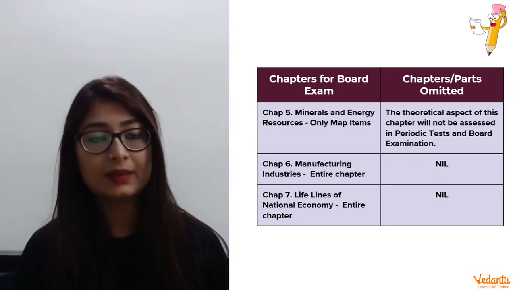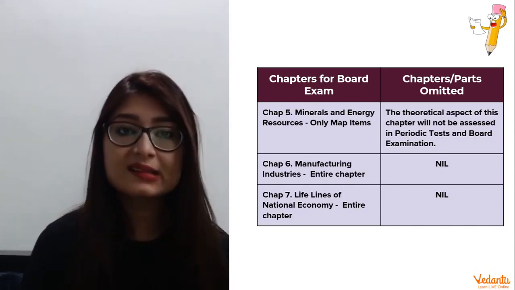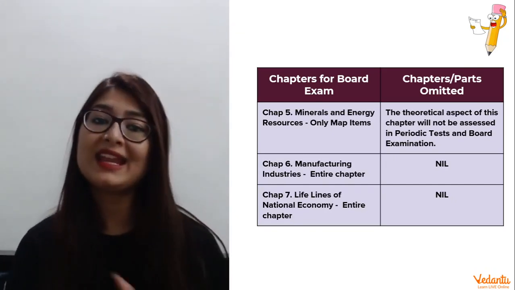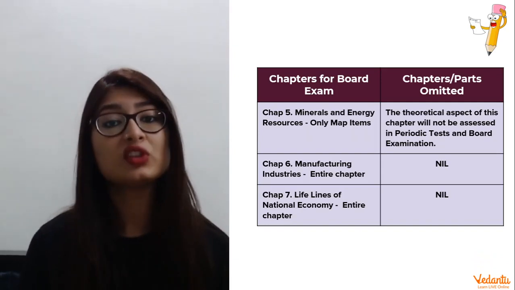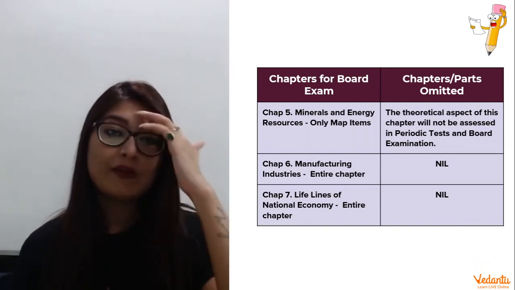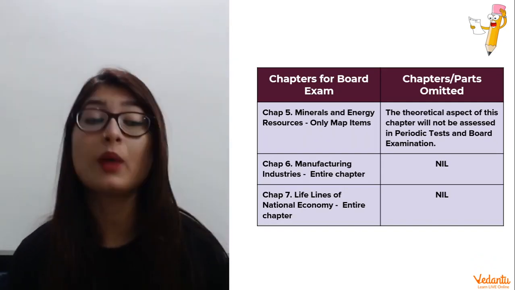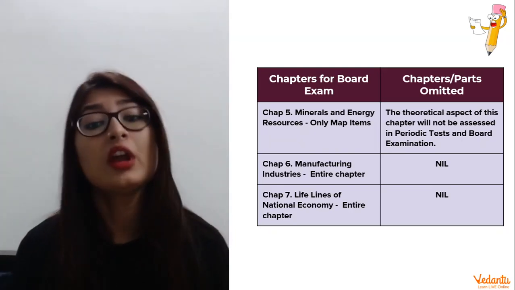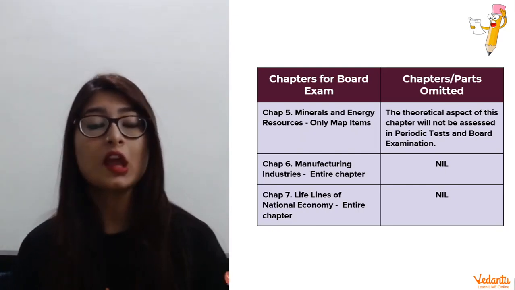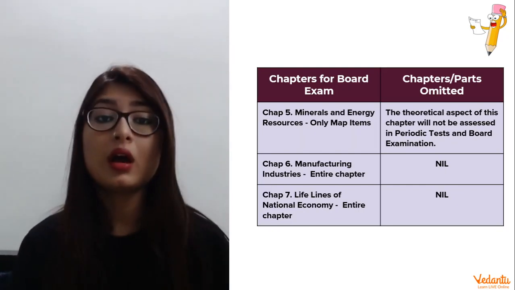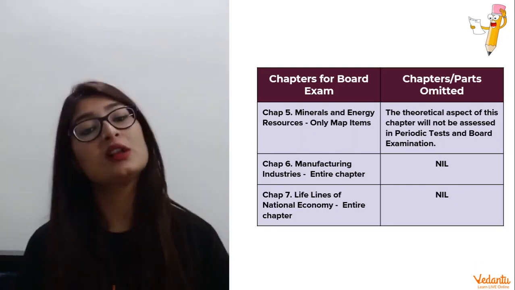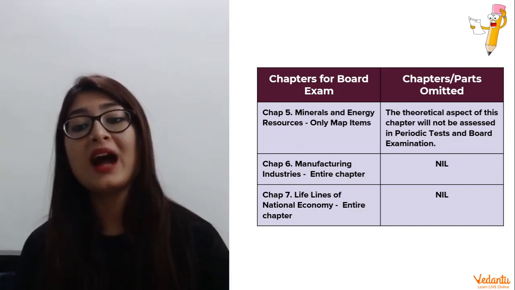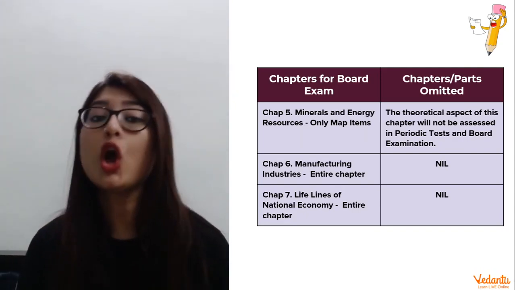Just give some time. Let's begin with the texts, and eventually we'll move to each and every element which has to be prepared from the perspective of examination. Then we have minerals and energy resources. Just like the water resources chapter, this has also become a part where the theoretical aspect is not going to be assessed.